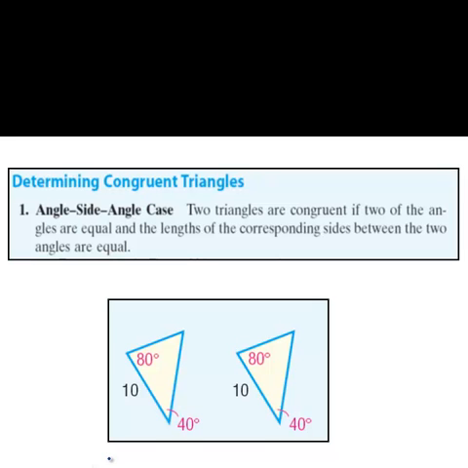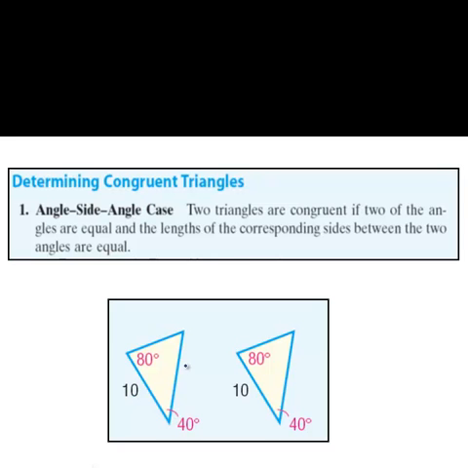Now, you might not have all 3 angles and all 3 sides, but as long as you have 2 angles and the side, or 3 sides, then you should be able to determine that the two triangles are congruent. So if you have angle side angle, for example, meaning for the two triangles you have an angle and another angle and the length of the side in between.